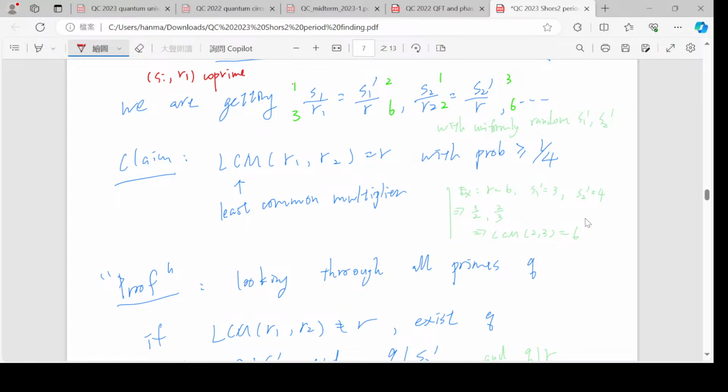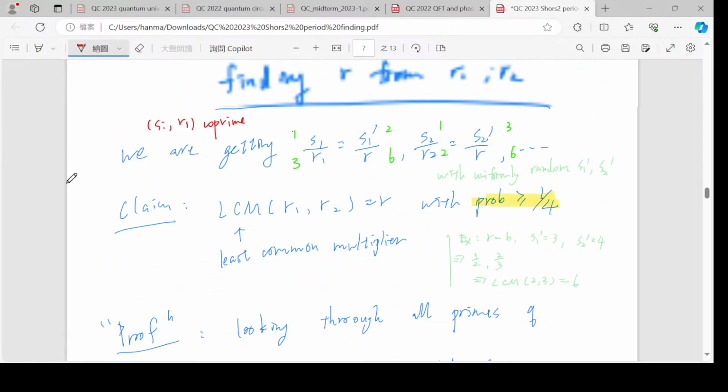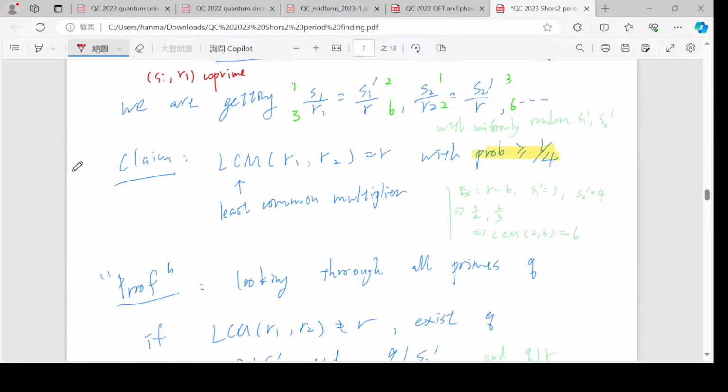Now we need to prove this weird probability: what is the probability that the least common multiple of those two things is R? We need to do some funny number theory probability.